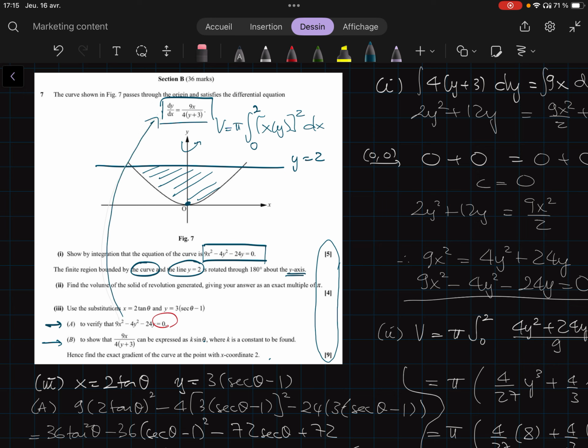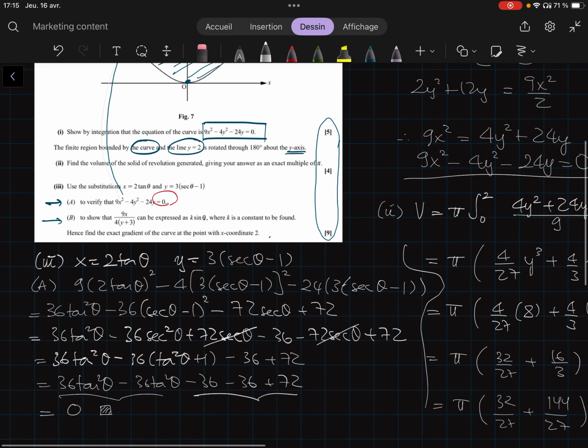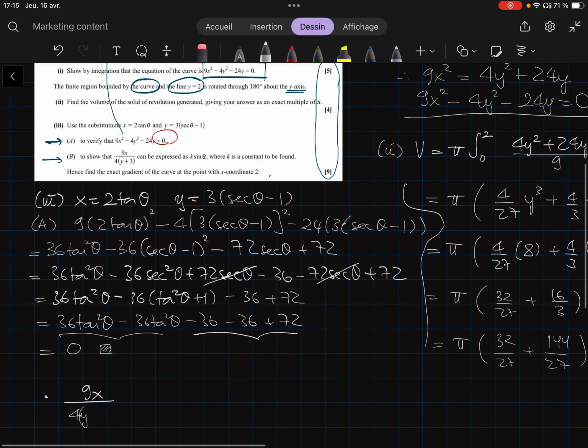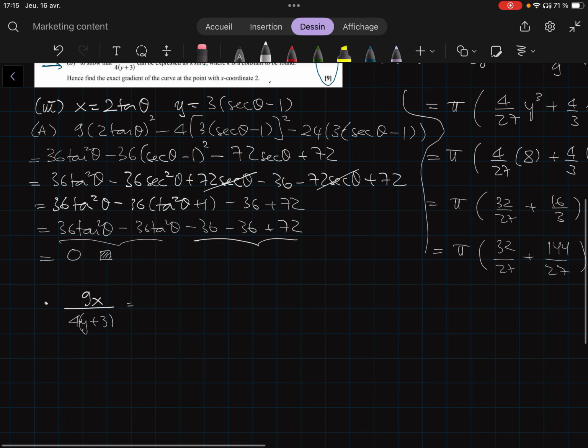Part B. We want to now show that 9x divided by 4 times y plus 3 can be expressed as k sine theta. Cool. Four times y plus 3. X is 2 tan theta.